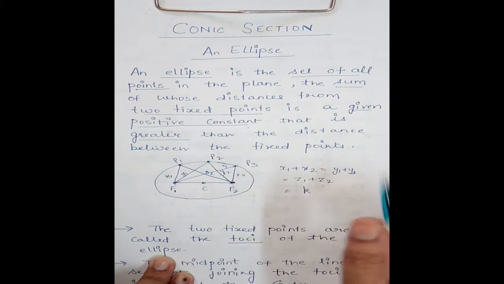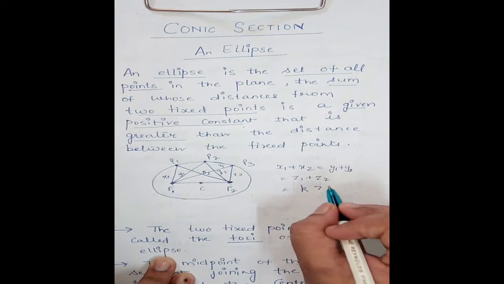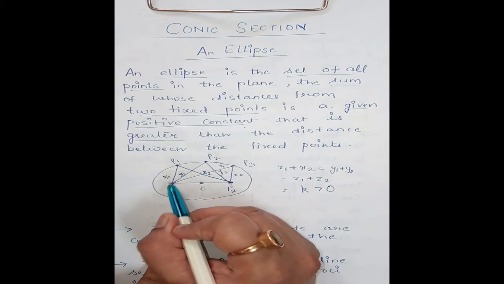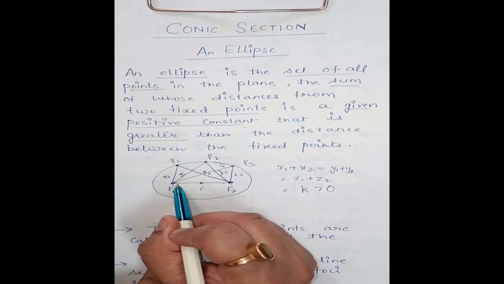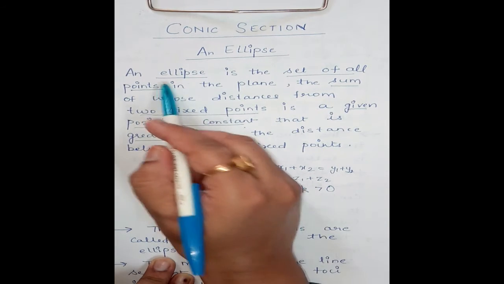It is greater than the distance between the fixed points. The sum of the distances is greater than the distance between F1 and F2. Okay, this is the ellipse.